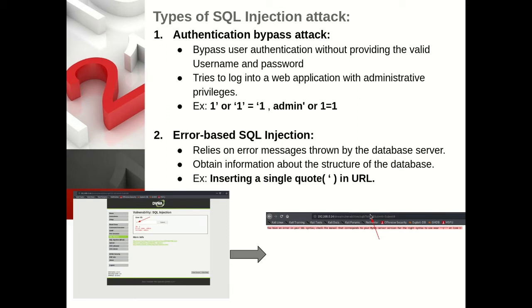Here I injected ID equals 1. After 1 I have injected that single quote. Then the web application threw an SQL syntax error. So this shows that the web application is vulnerable to SQL injection. So in place of the single quote, we can insert SQL queries.